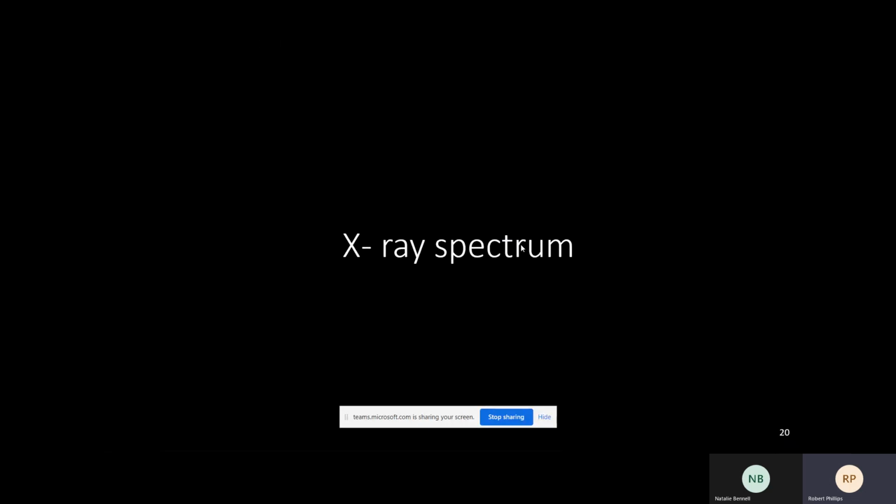So this is also not pure tungsten in the anode. It's an alloy with rhenium. So different alloys are used, and the only requirement is that it should have a high atomic number and a very high melting point.